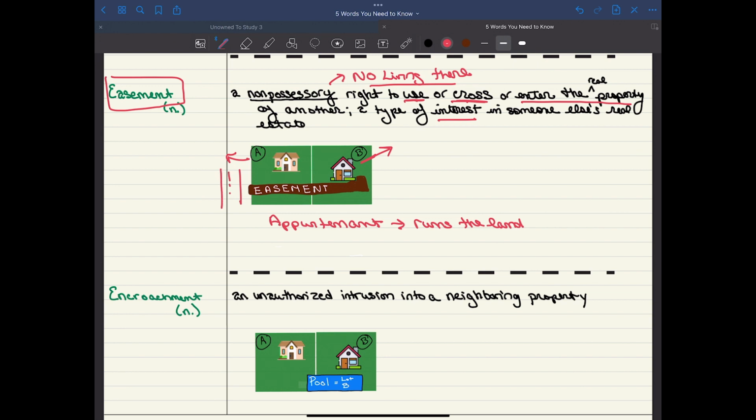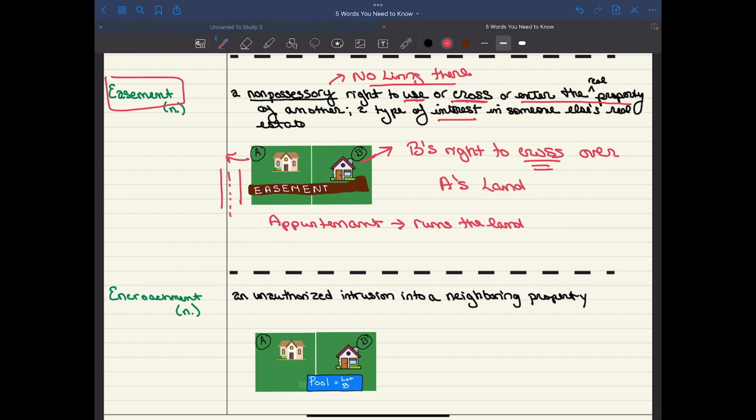And if you're the person that owns B, you need to get home. So this is the easement. It is B's right to cross over A's land.